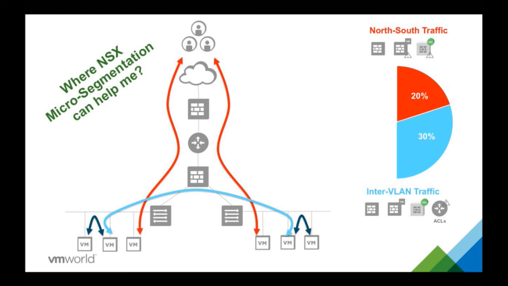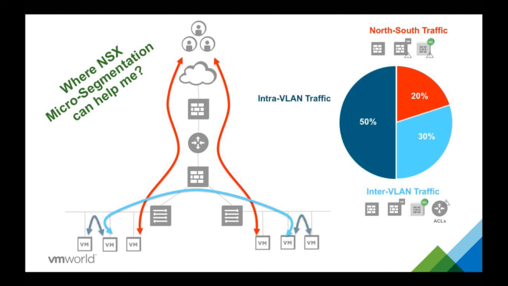And what we have most is intra-VLAN traffic, right? For this intra-VLAN traffic, we can use the distributed firewall of NSX. We can try to use private VLAN, but as we know, it's everything or nothing. We can try to use iptables on the workloads, on the operating system, and sometimes we have the possibility to use MAC VLANs or VLAN ACLs.